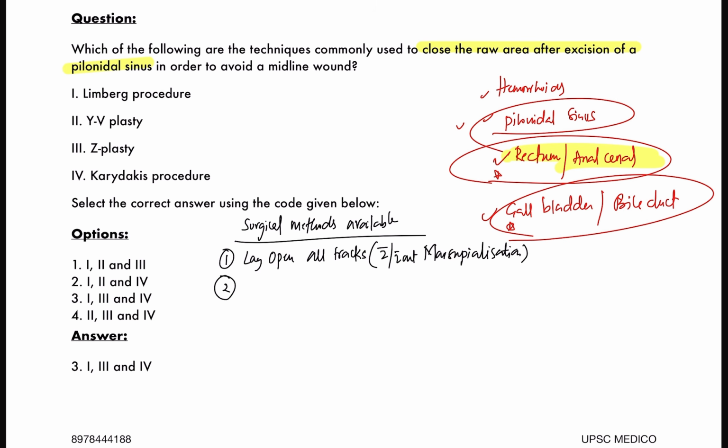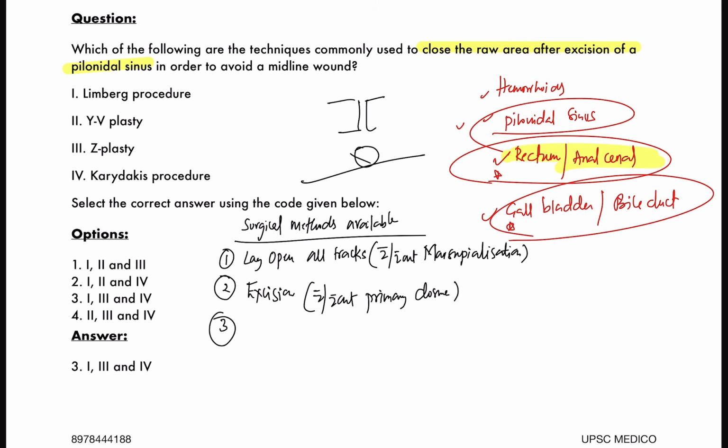You can lay open all the tracts of the pilonidal sinus, or without laying open, instead of just laying open, you can even go for excision of all tracts. You can either close or you can leave it open. That is, primary closure can be done or cannot be done. This is excision of all tracts. You can either lay open all the tracts or you can completely excise the sinus.